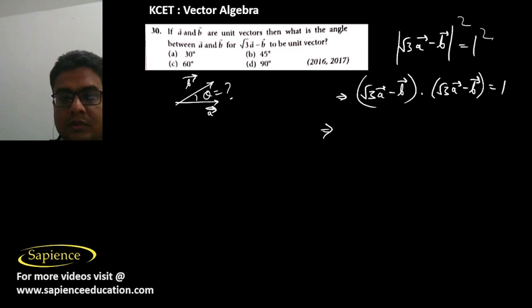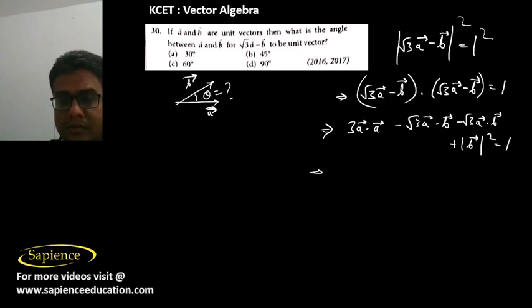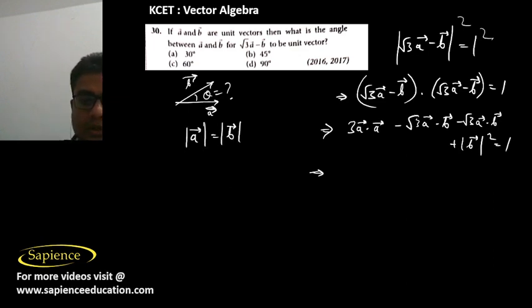So then you can say that root 3a dot root 3a, that is 3 mod a square, minus 2 root 3 a dot b, plus mod b square. So here a and b are unit vectors. It means magnitude of a equal to mod b, that is equal to 1.